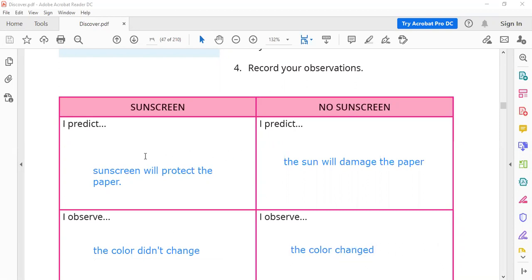In this experiment, students, we learn that if we have a paper, black paper, for example, and we divide it into two parts, then we put sunscreen on one part, and we leave the other part without sunscreen, then we put it in the sun. What will happen? I think the sunscreen will protect the paper, but the part of the paper without sunscreen, the sun will damage it. After the experiment, I find that the color didn't change in the part with sunscreen, but it changed in the part without sunscreen.